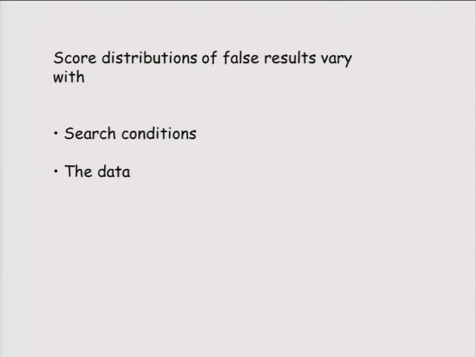In a set of spectra in an experiment, you typically run with the same search conditions. So you search the same sequence collection with the same boundary conditions. That means this is not necessarily an issue. However, the data also have different features. So different spectra contain different numbers of fragment peaks, and they also have different precursor mass values.